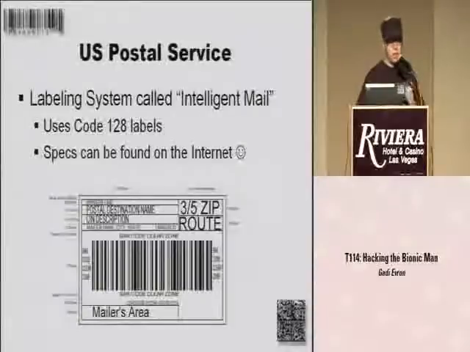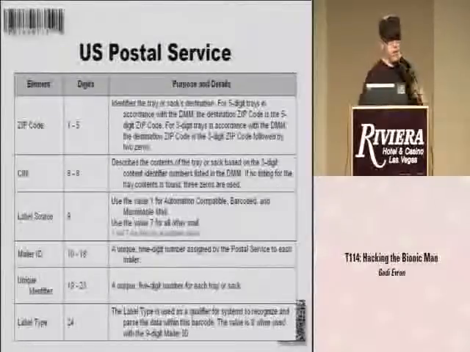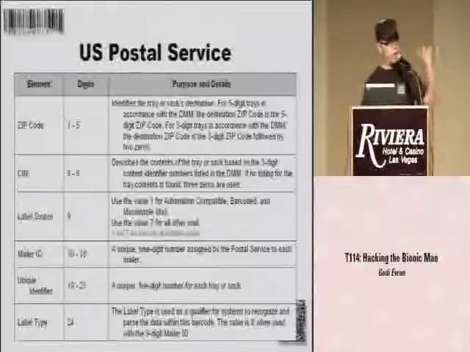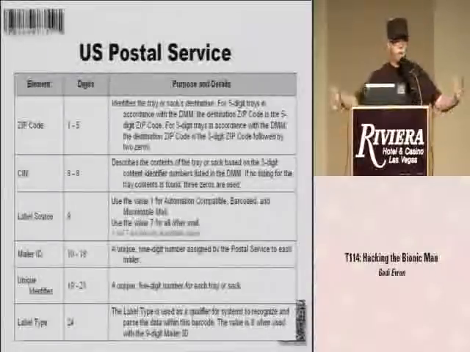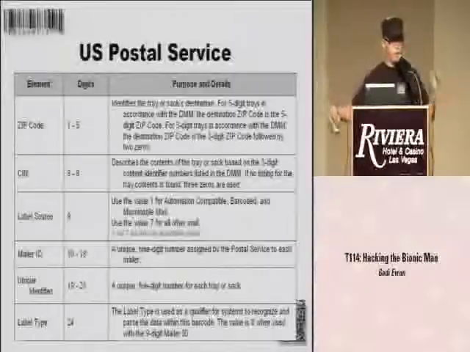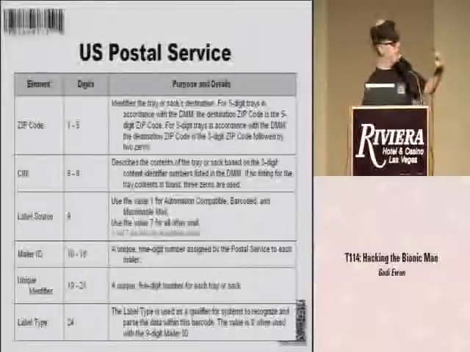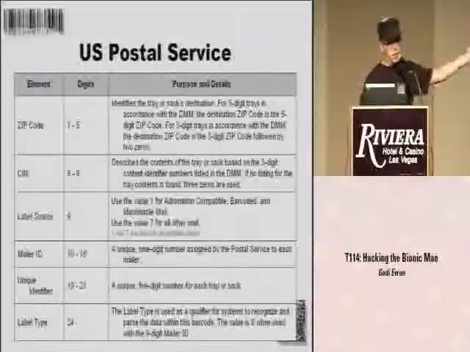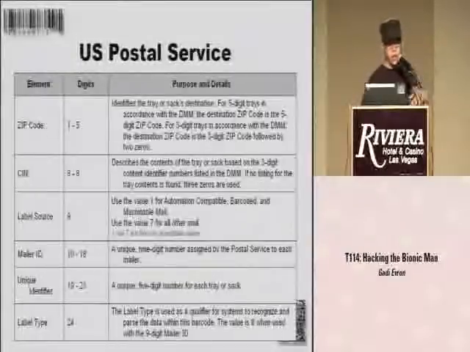So what's in a barcode? They have the spec. It says, here's the zip code. Yeah, it kind of makes sense. Where should this go? Oh, and mind you, this only works for crates and big stuff, not for small letters. So you have the zip code where it goes. You have a CIN. You have a label source, so it says where it came from, or what type.